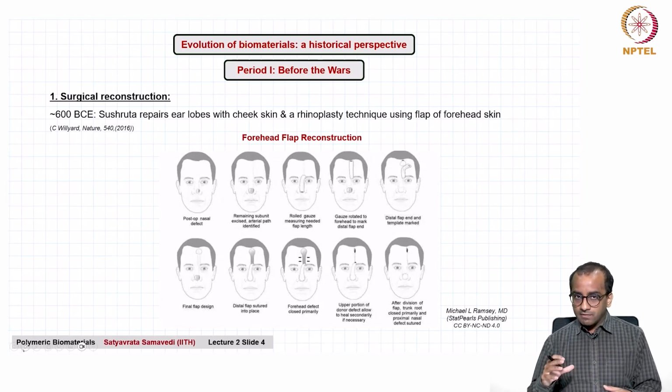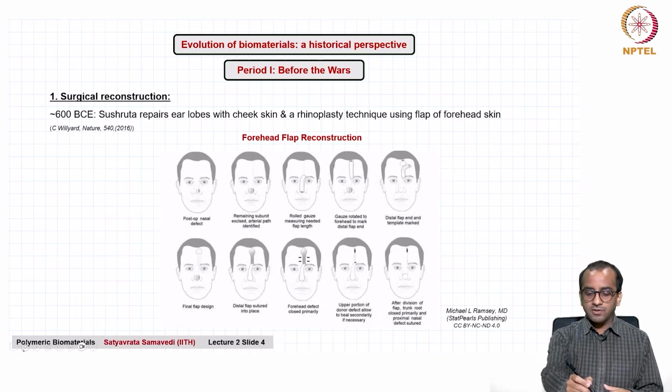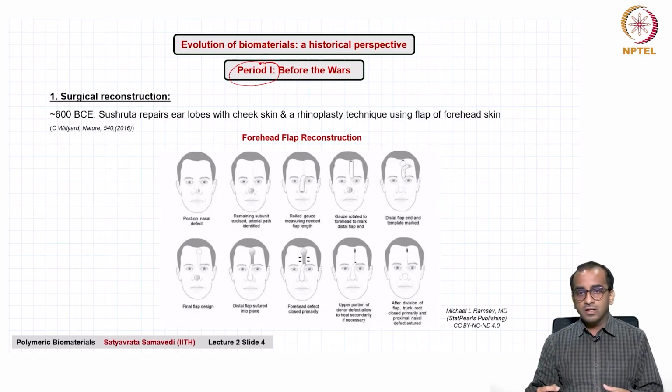So, in this lecture we will focus on quite a bit of the historical perspective to get a deeper appreciation for these contributions. So, we will first begin with period 1, or what I call period 1, and this is a very long period going all the way from starting with say early antiquity to the period right before the wars. That is what we call period 1 here.